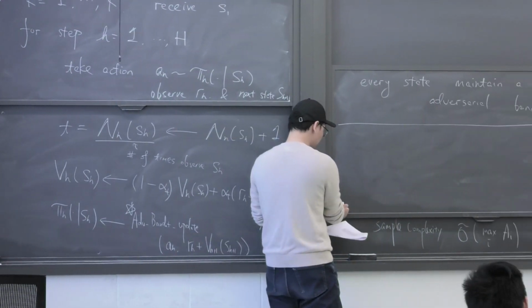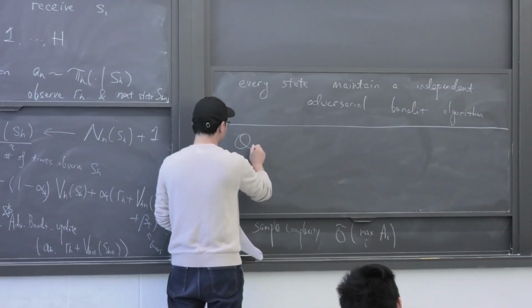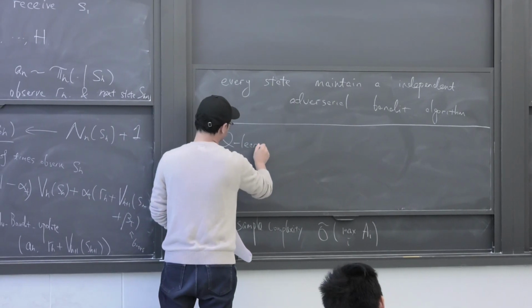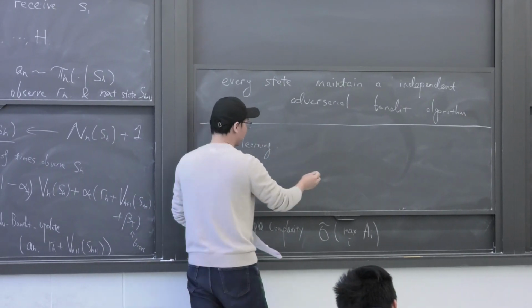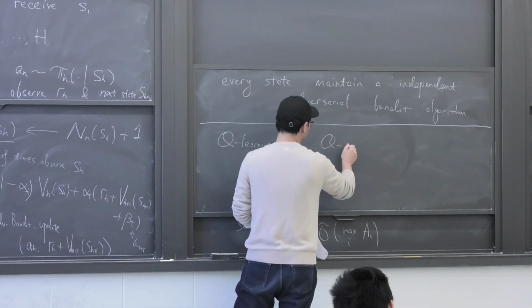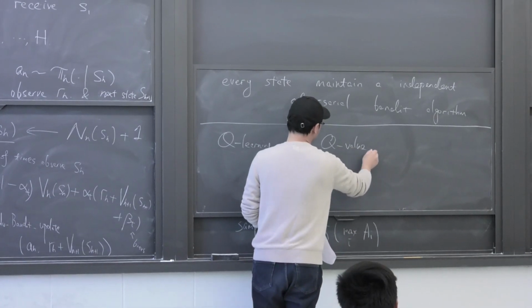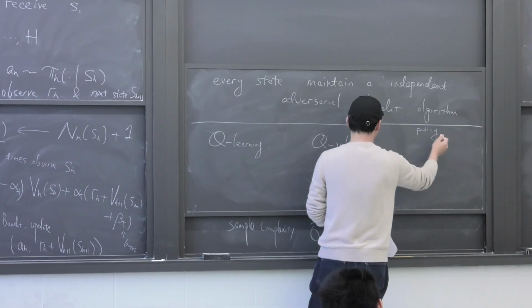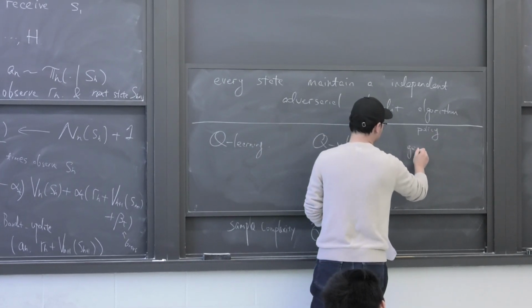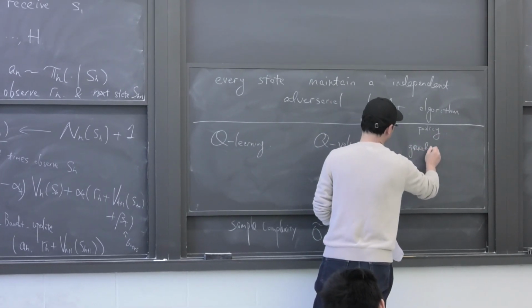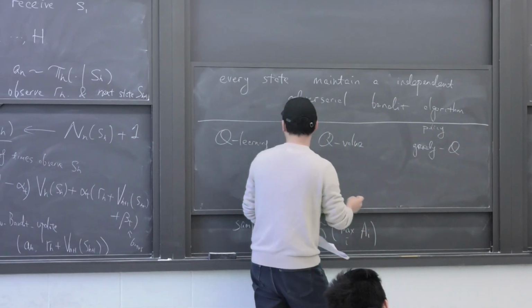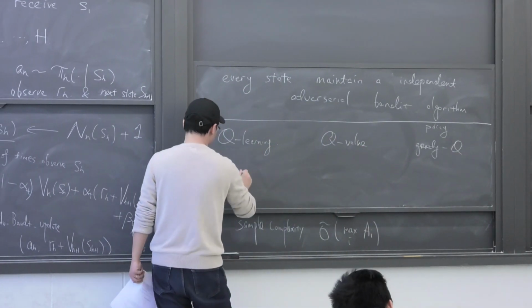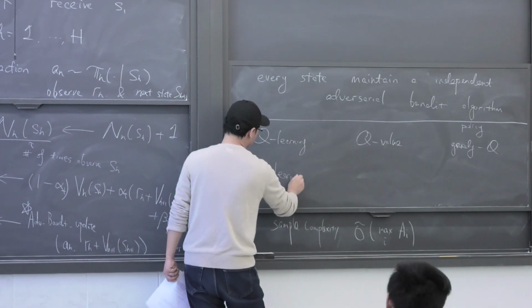So we just quickly talk about the difference. In terms of Q-learning, we maintain a Q value, and the policy is greedy with respect to Q. For V-learning, the major difference is that we no longer maintain a Q value.